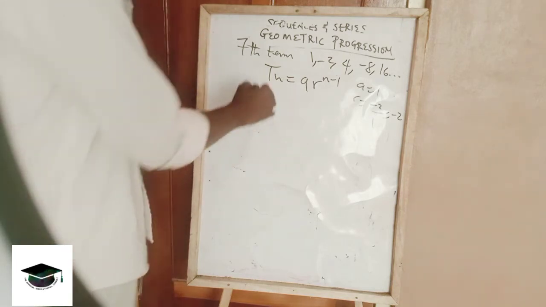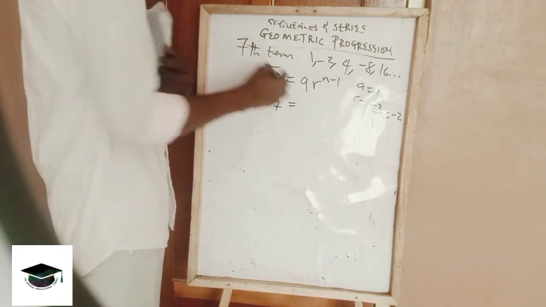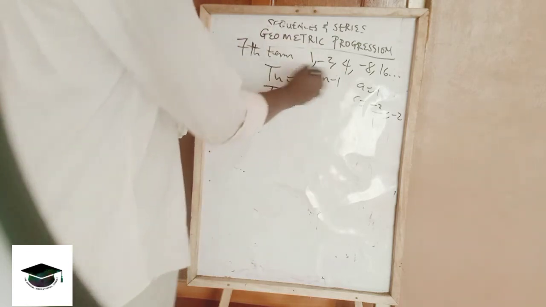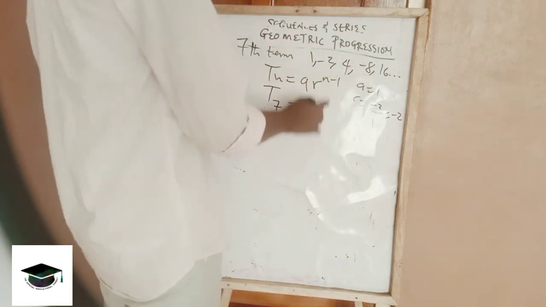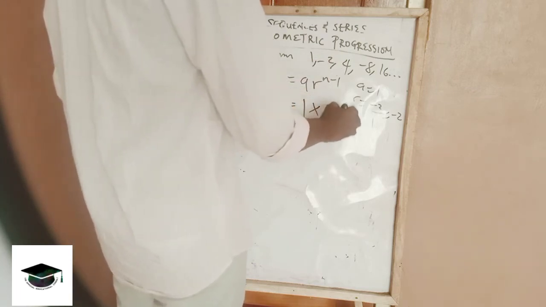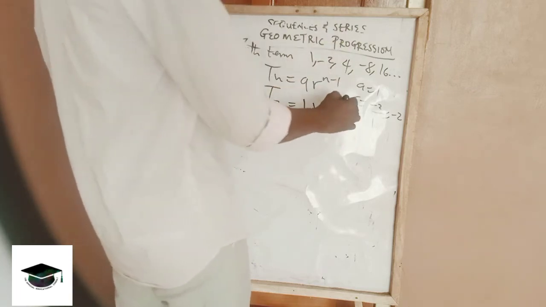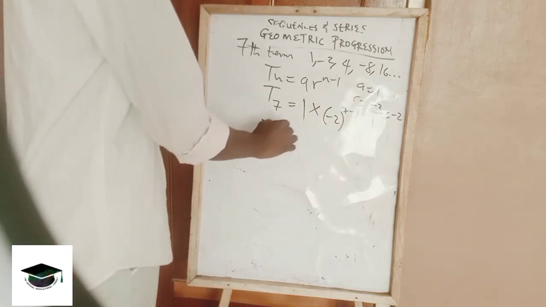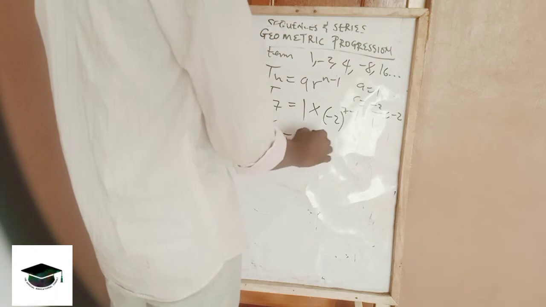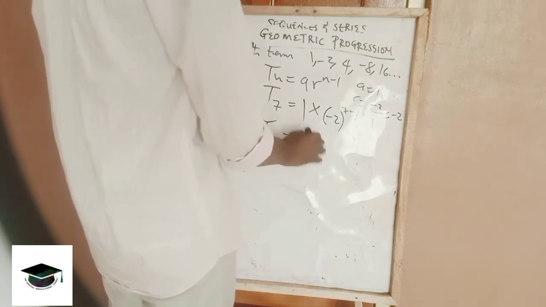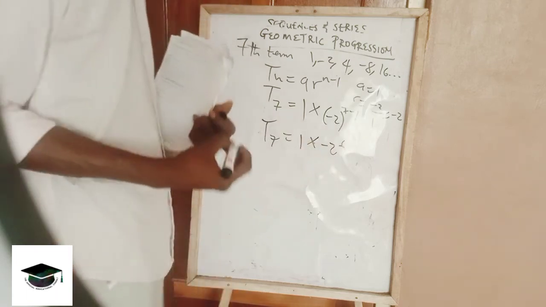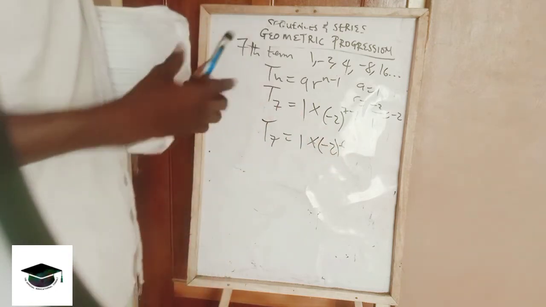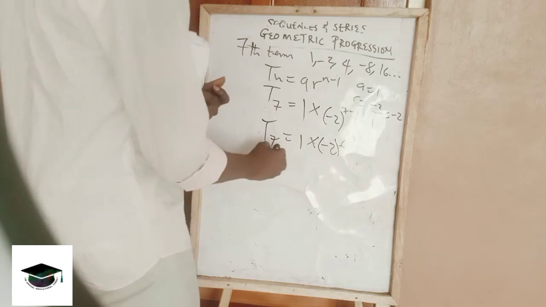We have to find T7, because they said the seventh term, not the nth term now. T7 equals, what's our A? 1 times what? Common ratio is minus 2 raised to power 7 minus 1. Is that taken? So that's going to be 1 times minus 2 raised to power 6. So that's going to give you minus 2 raised to power 6. Mind you, that is going to give us what?